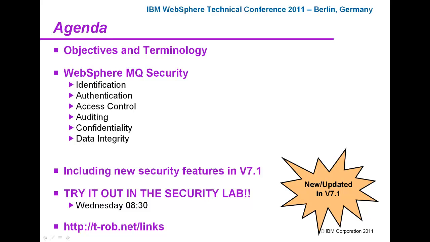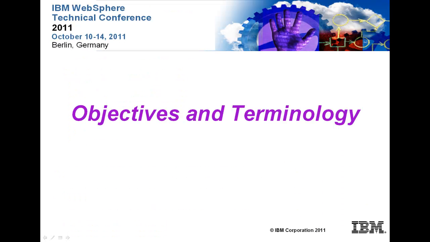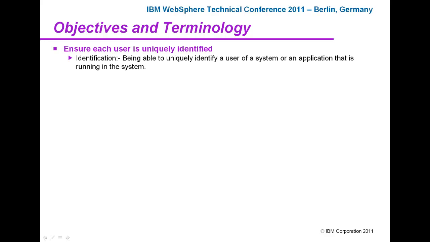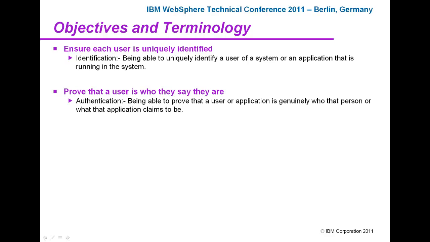So, moving on. What do we mean by identification? We mean the way you identify a user of a system or an application of a system in a unique manner. The identity of that user. Not to be confused with authentication, which is proving that assertion of identity.